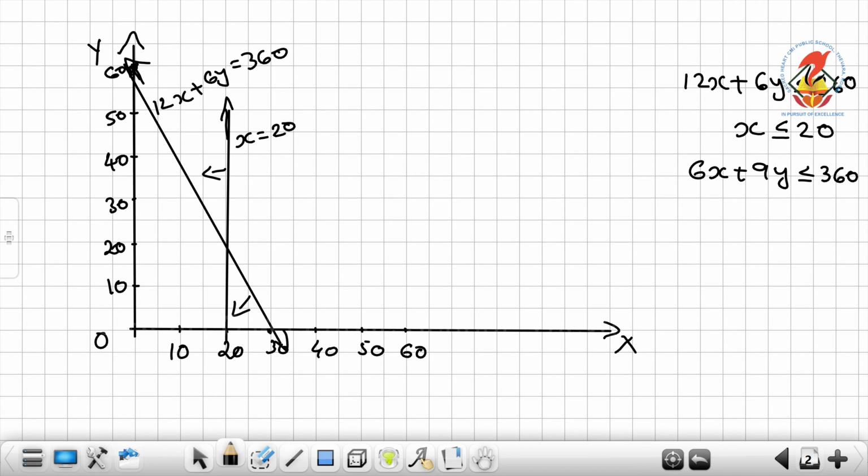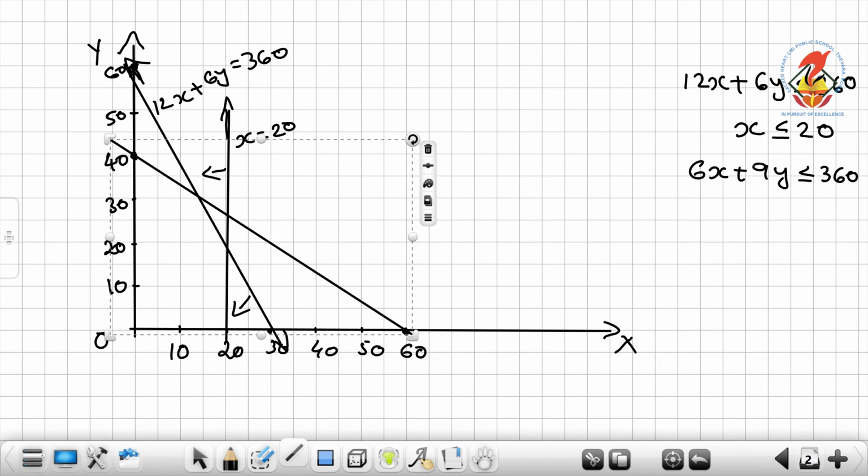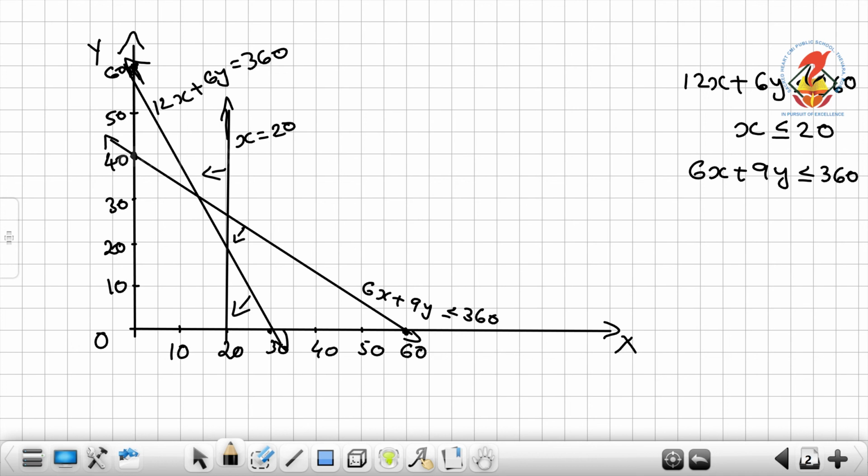Its points are 60, 0 and 0, 40. That is also towards the origin.